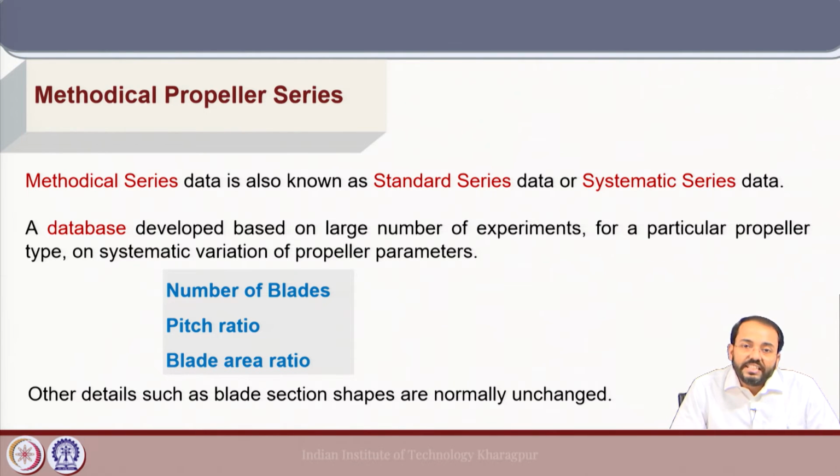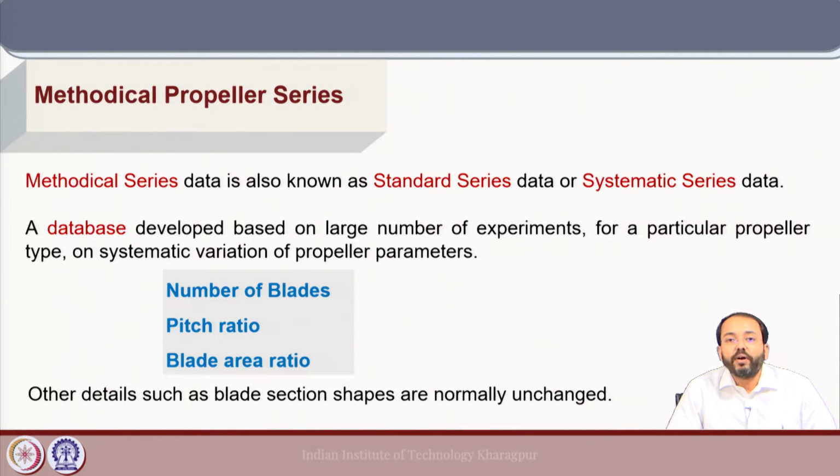Keeping these unchanged, the number of blades, pitch ratio and blade area ratio are changed in a systematic way, experimentation is done, and based on the obtained open water characteristics the methodical series is defined. These data are widely used in obtaining propeller design for specific conditions.